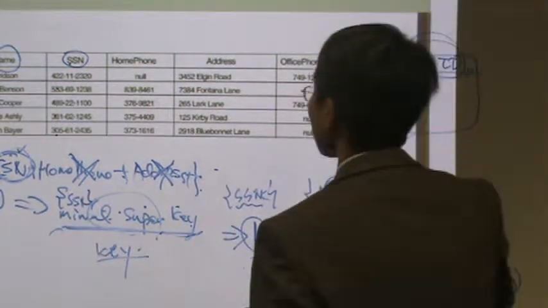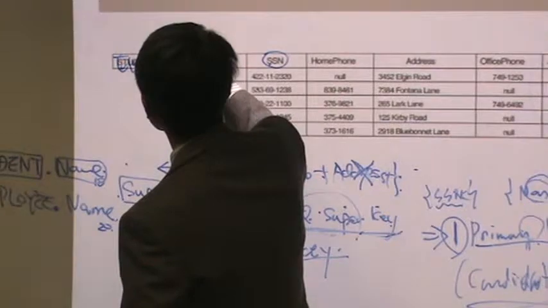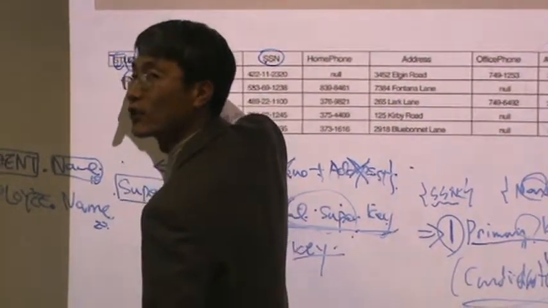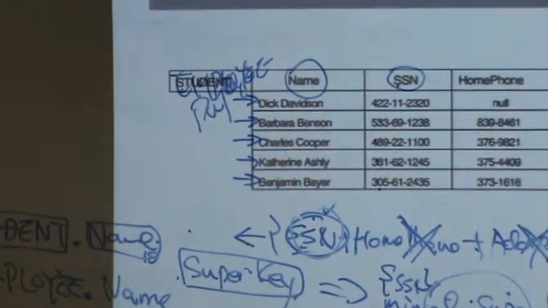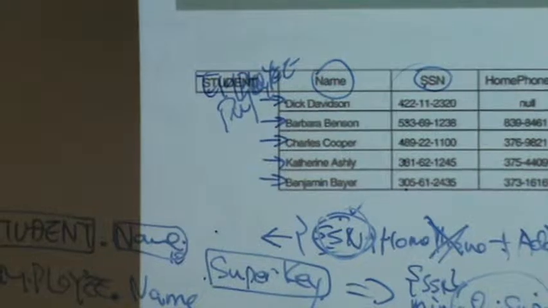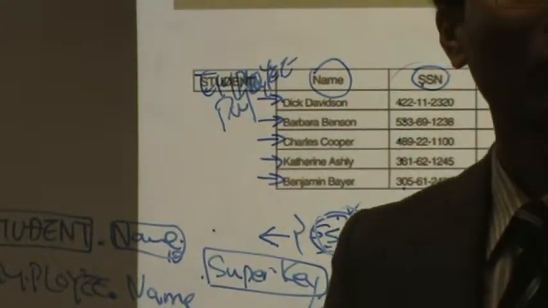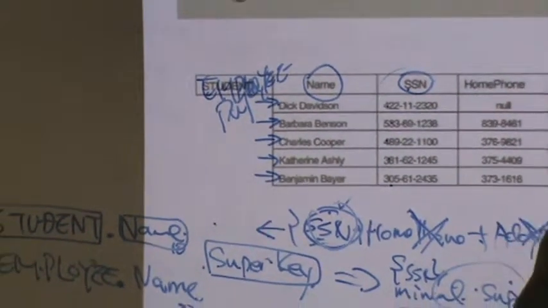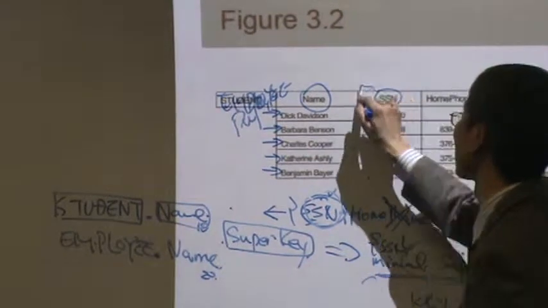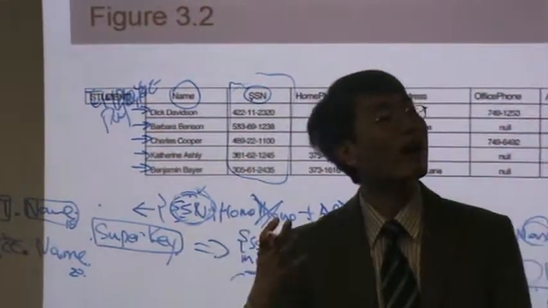However, if this is an employee, especially for the payroll office, which one are you going to use? The social security number. Why? Most of the payroll is related to social security numbers due to tax problems or other credit issues. So the social security number will be selected. So that is the idea.